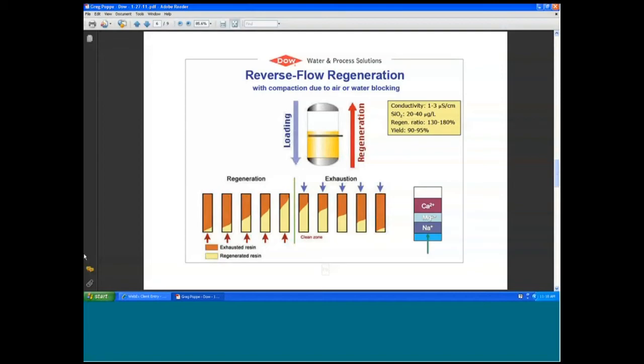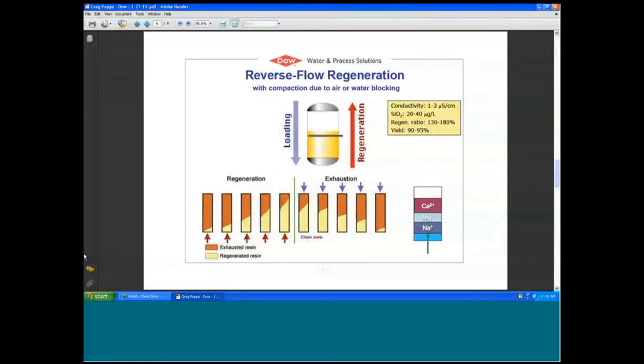And you can see then on the diagram toward the bottom the advantage that this offers, because you end up getting the acid to contact the bottom of the bed, which in the service cycle is the exit point. So you create a very nice polishing zone where acid is always in contact with that amount of resin that does the polishing.